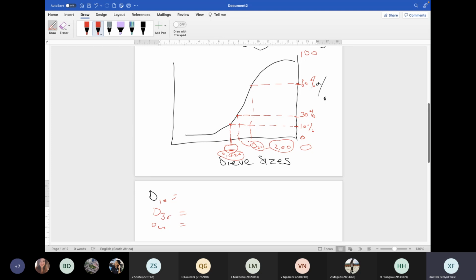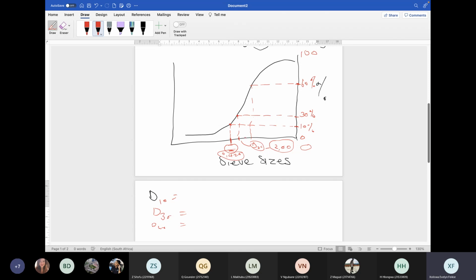Because this side, it's a log graph. So if you don't know the scaling when it comes to a log graph, you will not be able to pick out these values. Remember, from when we started. So it's very important that you know.